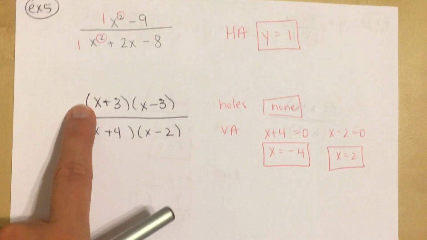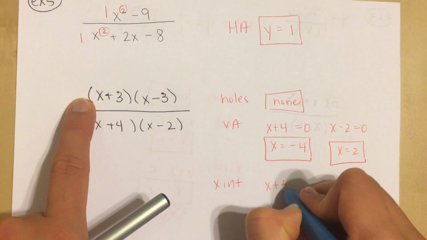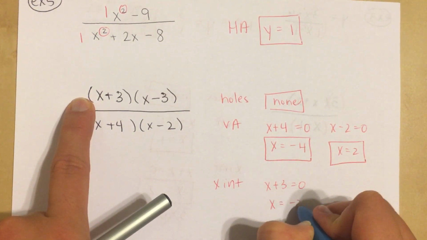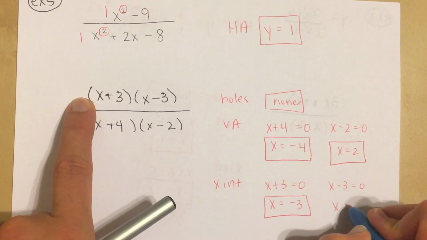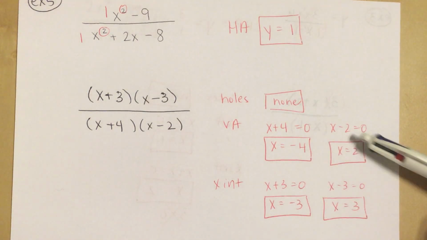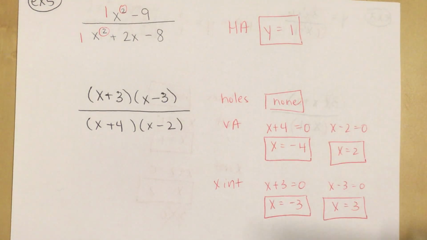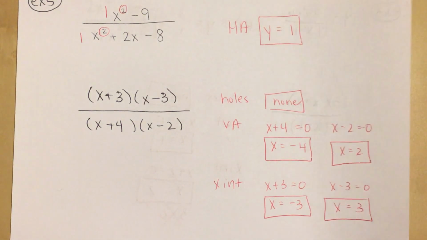And anything left on top is an x-intercept. So I have an x-intercept at -3 and at +3. So you can have multiple vertical asymptotes, multiple x-intercepts, multiple holes, or you can have none of all these things. There's only one horizontal asymptote or none.